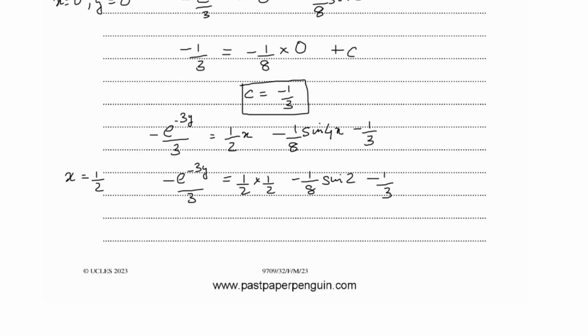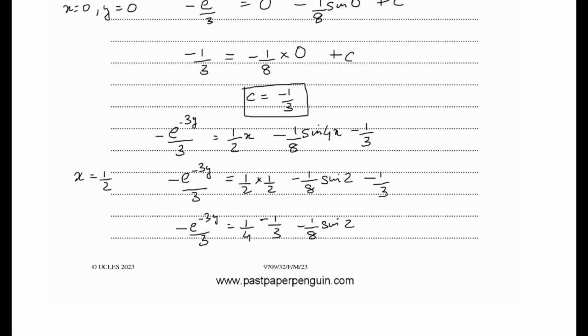So I'm just going to rearrange that. Negative e to the power of minus 3y by 3 is equal to 1/4 minus 1/3 minus 1/8 of sine 2. I'm going to continue the question here. So negative e to the power of negative 3y by 3.